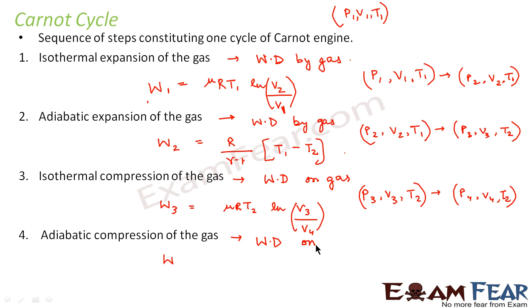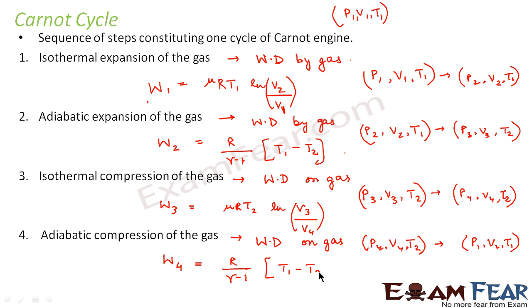Here also heat is released, so work is done on the gas and the work done will be given by R divided by gamma minus 1. So the temperature will change again. In this case, the state will change from P4, V4, T2 back to P1, V1, T1. So that means this will become R divided by gamma minus 1 into T1 minus T2.